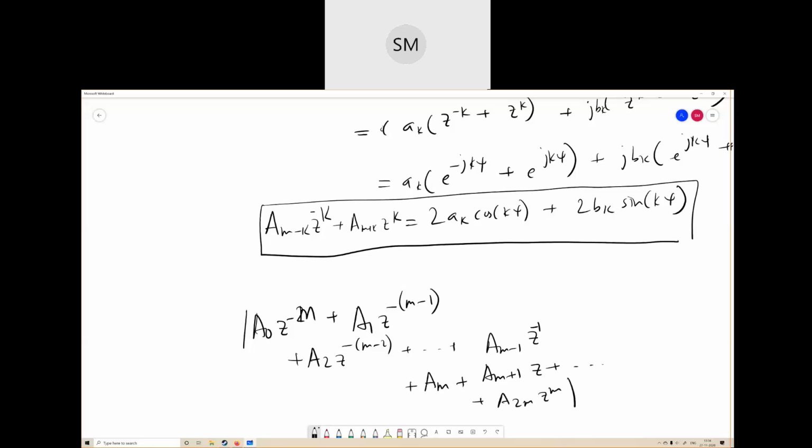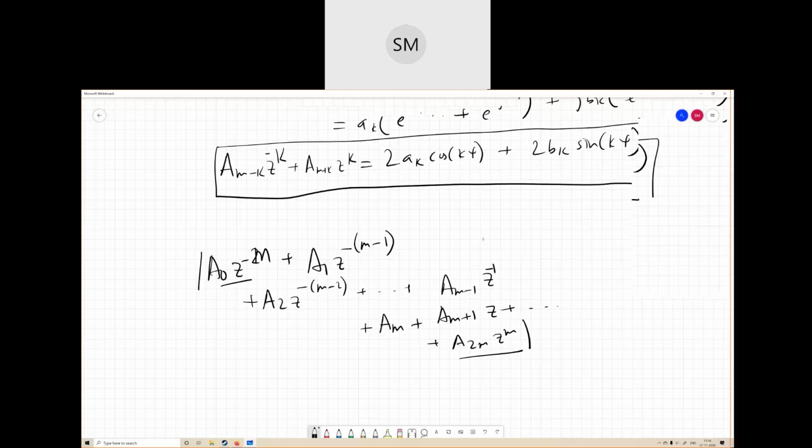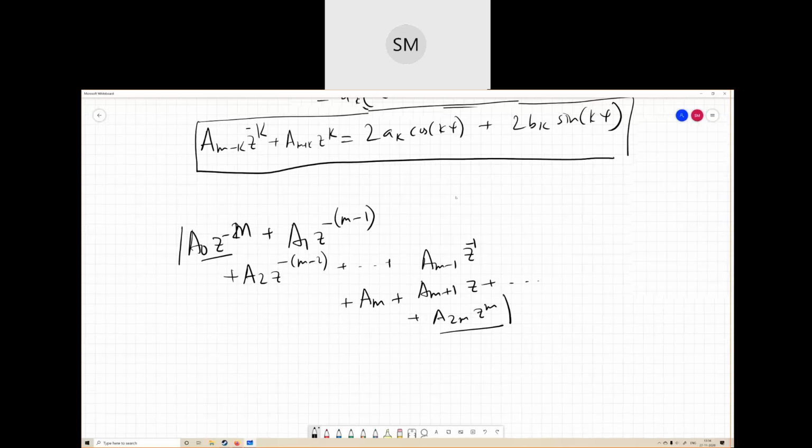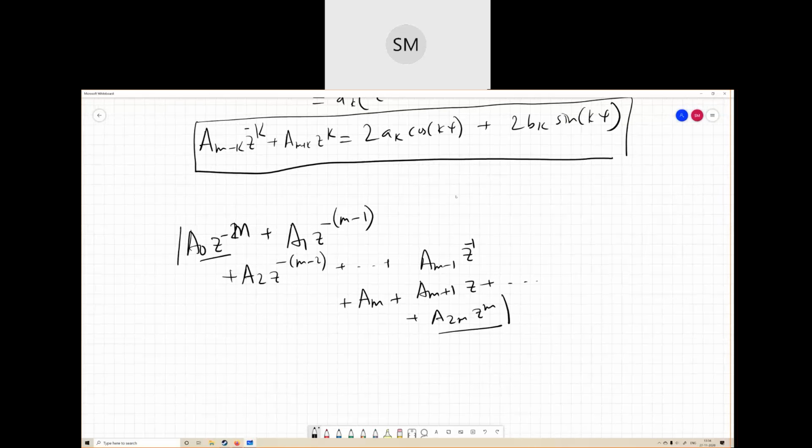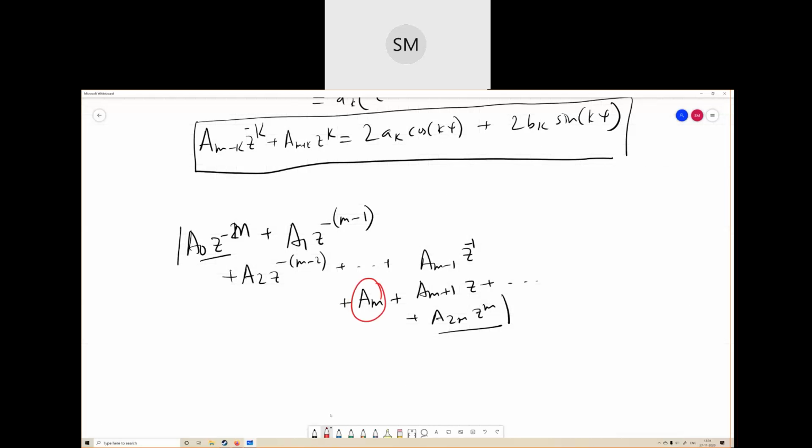So we take two terms at a time, and we can expand them for different values of k. The value of k goes from k equal to 1 to m, and this term stays alone.